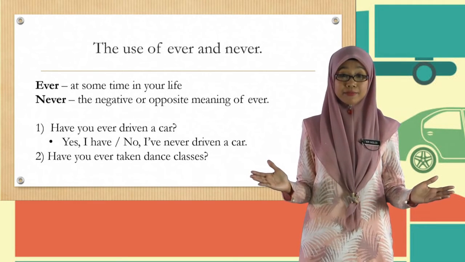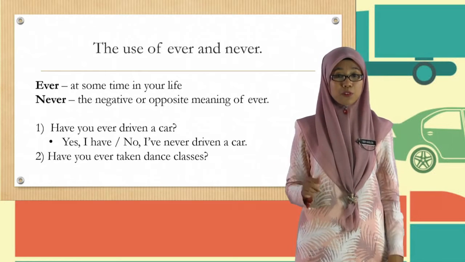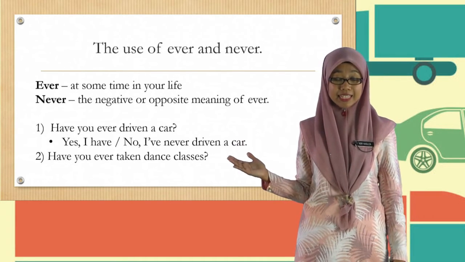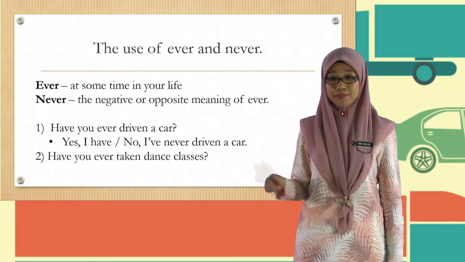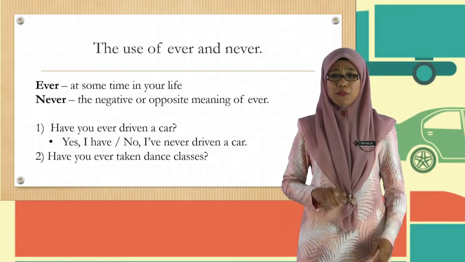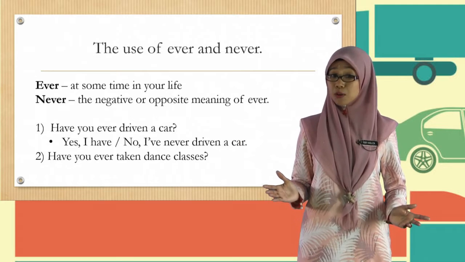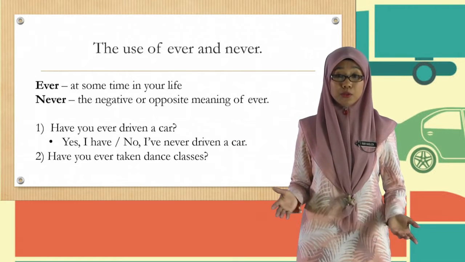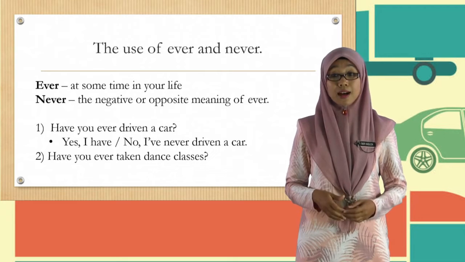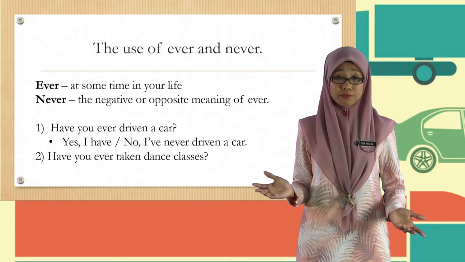Is it clear? Try to focus on this second example. Have you ever taken dance classes? It's a question asking whether you have experience of taking dance classes in your life before.